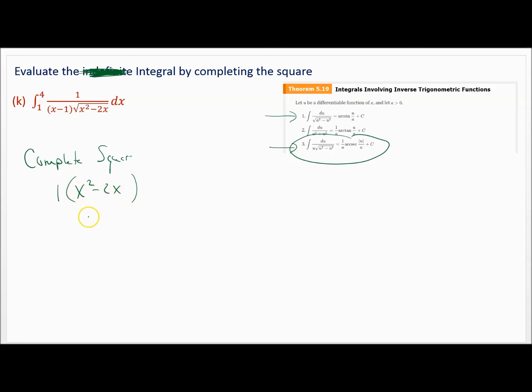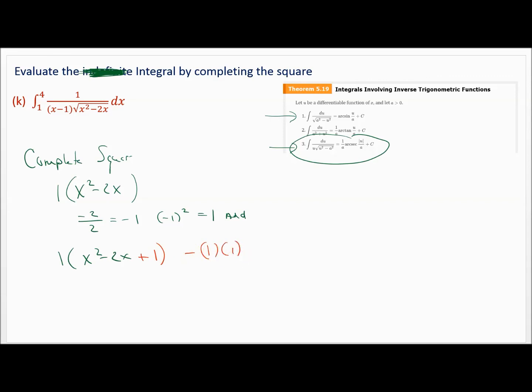You take half of negative 2, which is negative 1, and then you square it. And this is the value you want to add on the inside and subtract the leading coefficient times it on the outside. So it's 1 times x squared minus 2x. Again, I'm adding 1 on the inside, and I'm subtracting the leading coefficient times what I added on the outside.